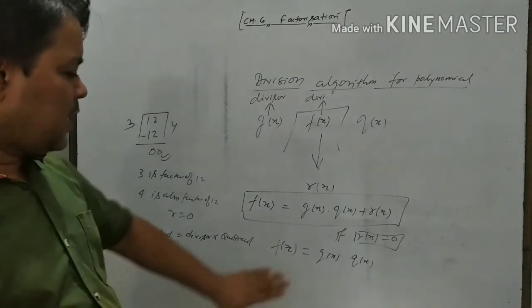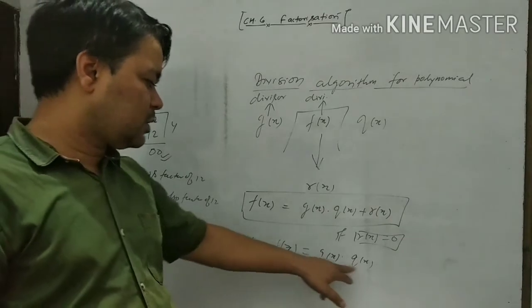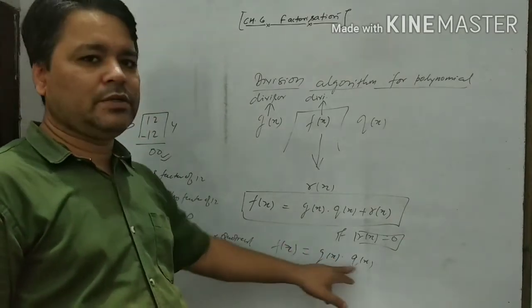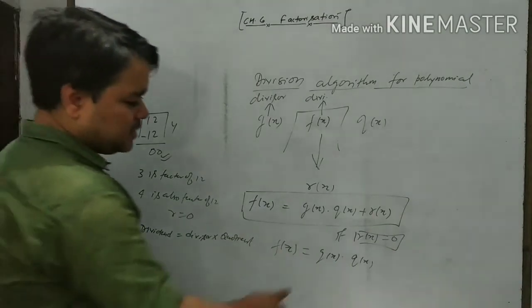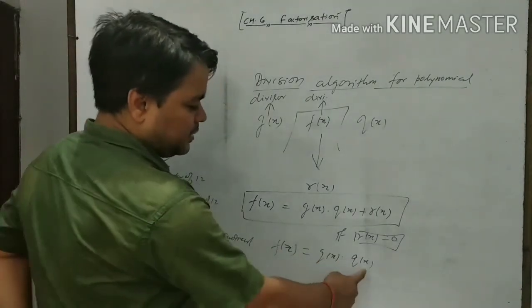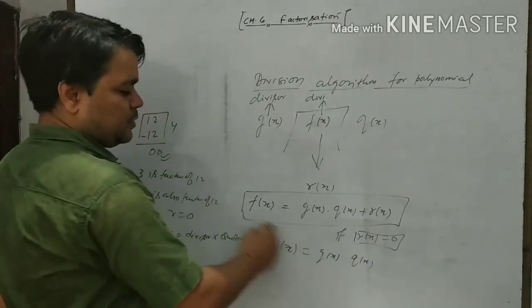If we have a polynomial which is equal to the product of two polynomials, get it? But listen, the degree of this polynomial and the degree of this polynomial will always be less than the degree of this polynomial.